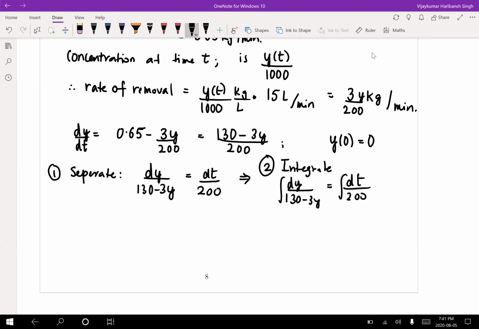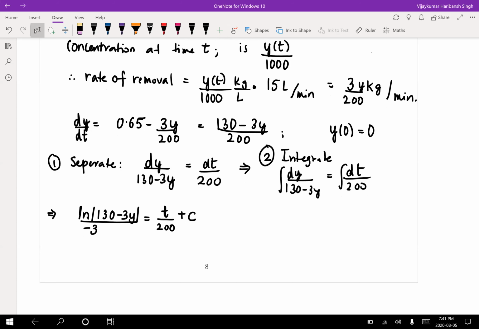When we integrate, we get ln of the absolute value of 130 minus 3y, divided by minus 3, equals 1 by 200 t plus c.